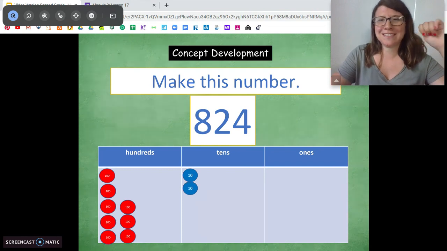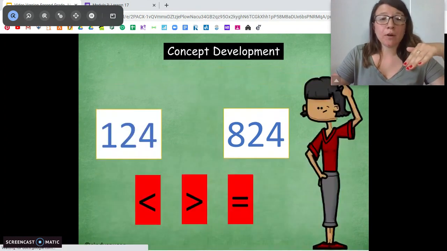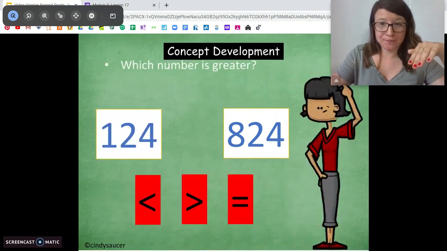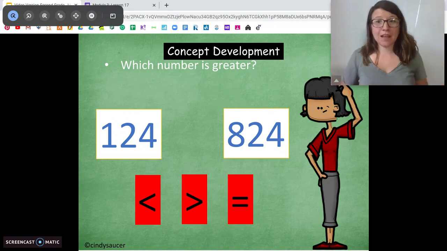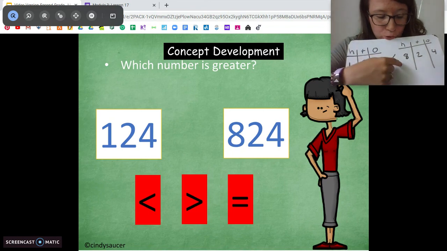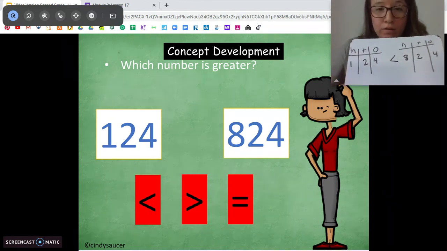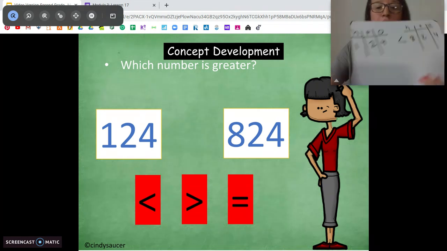How many tens? 2. And how many ones? 4. Awesome. Now, which number is greater? Very good. So with your discs on your paper, you should have this symbol pointing to 824. Okay? That's what it should look like on your paper.